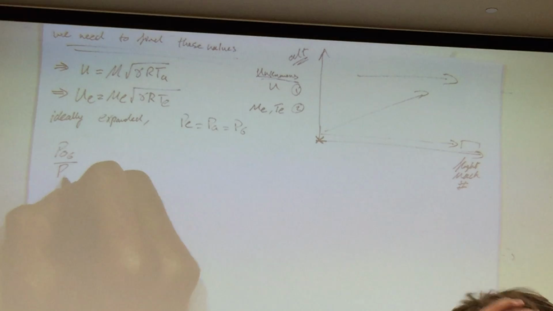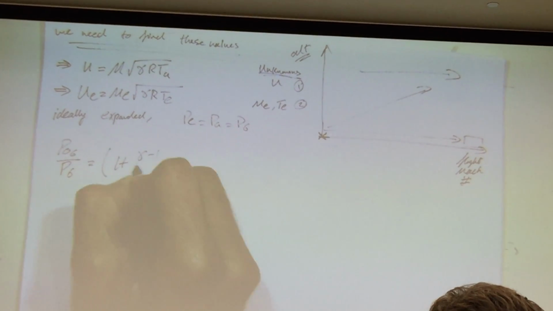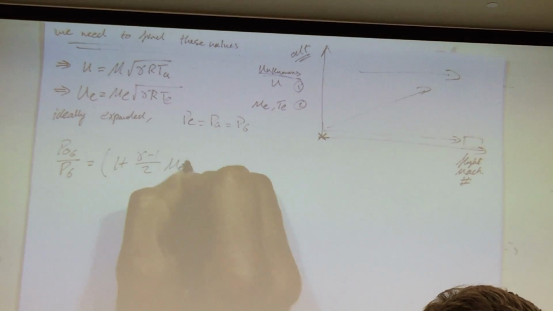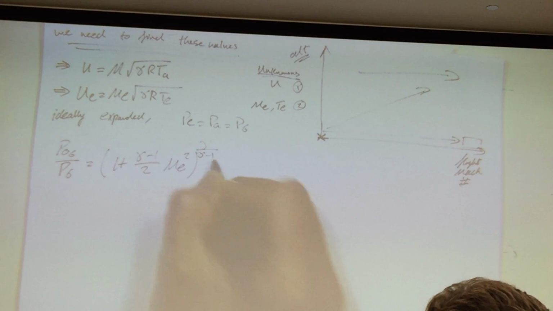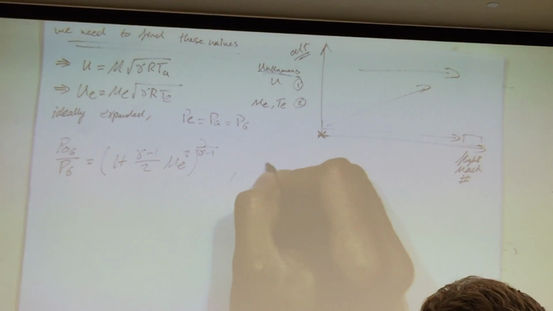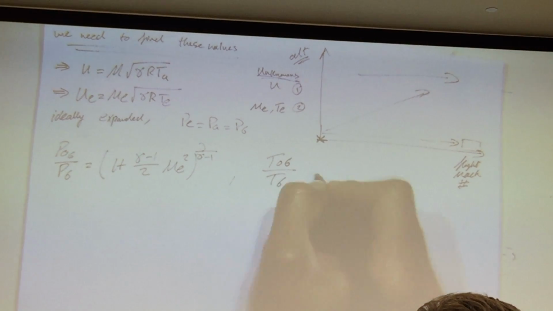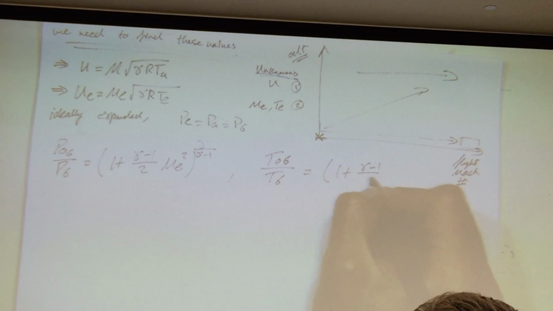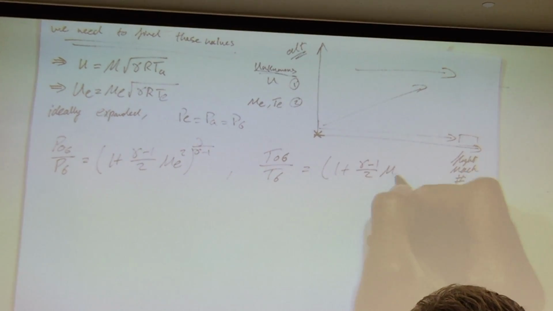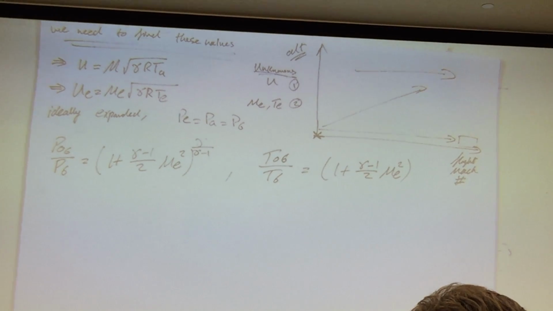P stagnation over P6 is equal to 1 plus gamma minus 1 over 2, Mach number at the exit squared, to the power gamma over gamma minus 1. And same thing with temperatures, T stagnation 6 over T6 is equal to 1 plus gamma minus 1 over 2 M exit squared. So it's my isentropic relations that I'm used to.